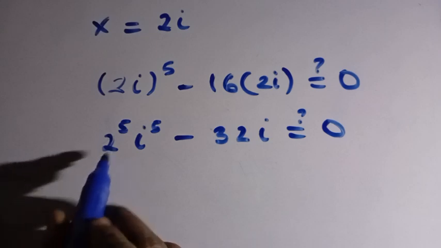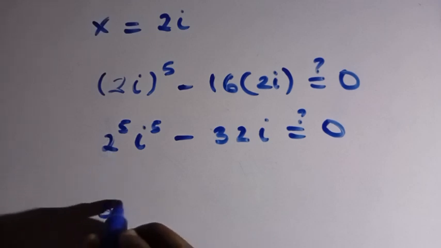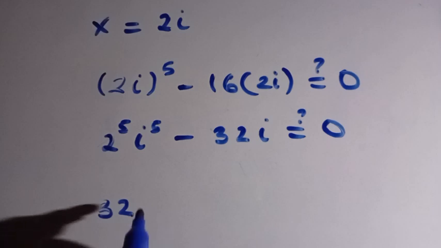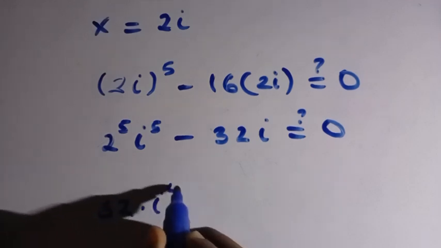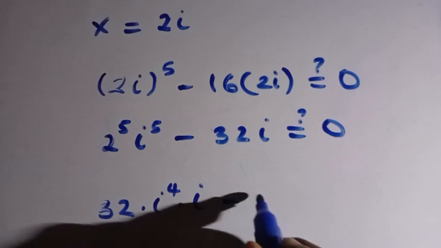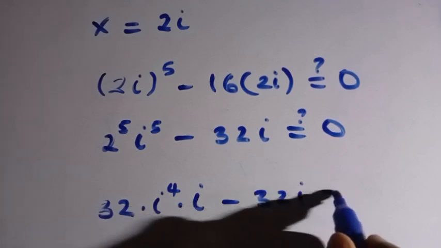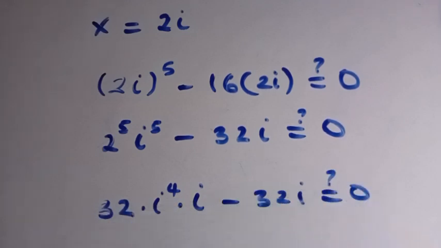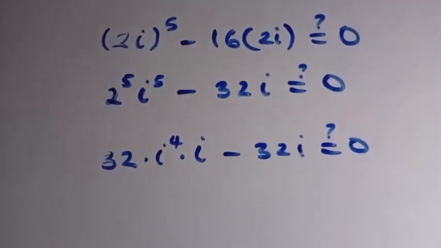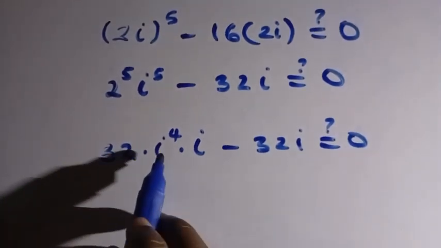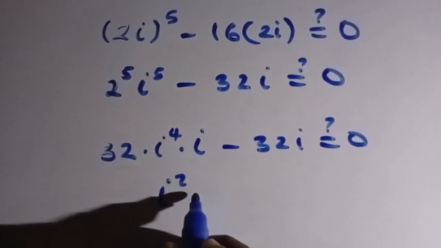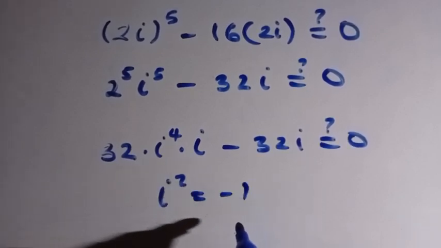By this, 2 raised to the power 5 means 32. Then i raised to the power of 5, we can write as i raised to the power 4 multiplied by i. Then here is minus 32i. So is this equal to 0? If you have i raised to the power 2, this equals minus 1.